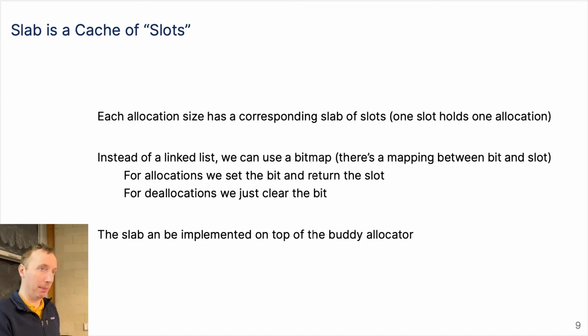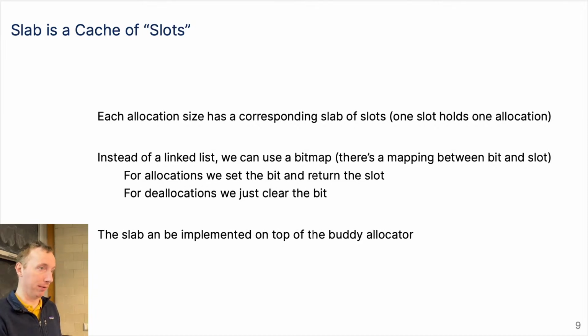There'd be a mapping between a bit and a slot, where 0 means it's free, 1 means it's occupied. So every single slot would just have a bit associated with it. Bit 0 would be slot 0, bit 1 would be slot 1, bit 1000 would be slot 1000.